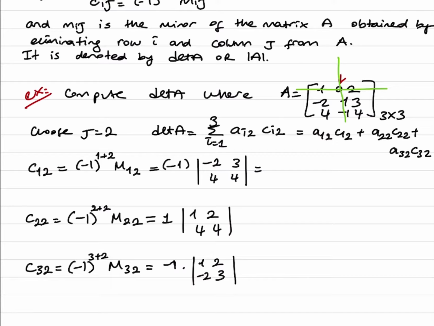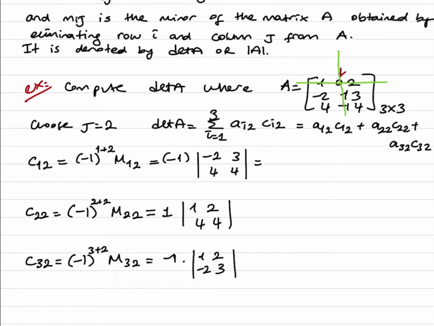but I didn't tell you what the determinant of a 2 by 2 matrix is. I will give it right now. To compute the determinant of a 2 by 2 matrix, we multiply diagonally, so we have the formula. Maybe we should have done it for 2 by 2 first, but I think we should know it from high school.